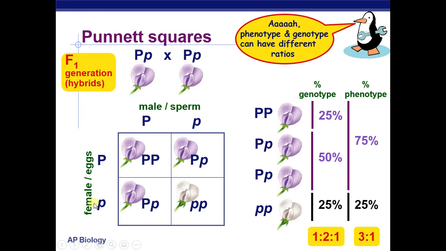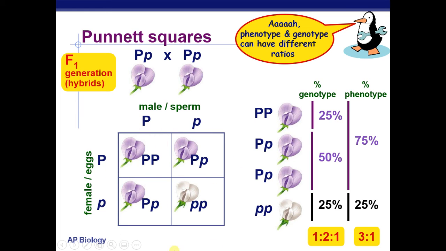And then to figure out the potential genotypes of the offspring, we just match up alleles from the same column and the same row. So this is in the first column, this is in the first row, this is one possibility. The second column matched with the first row is another possibility, and so on and so forth.